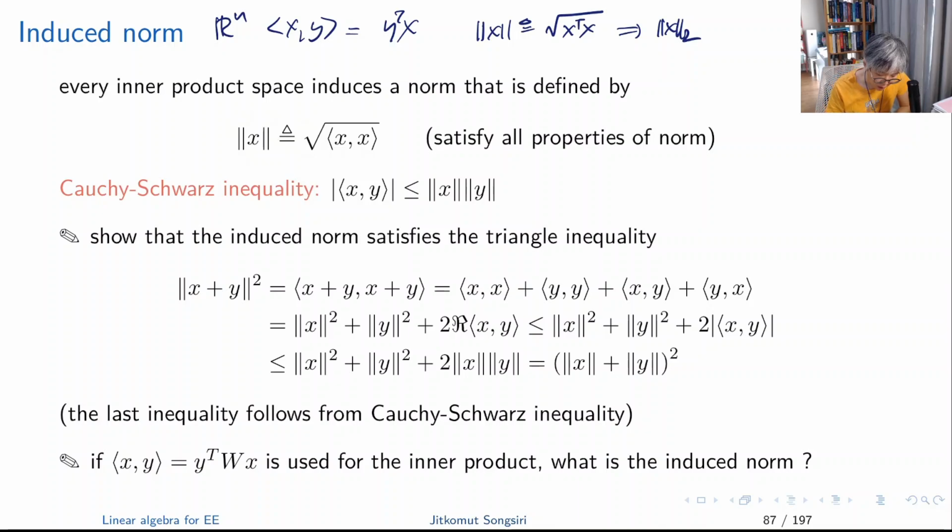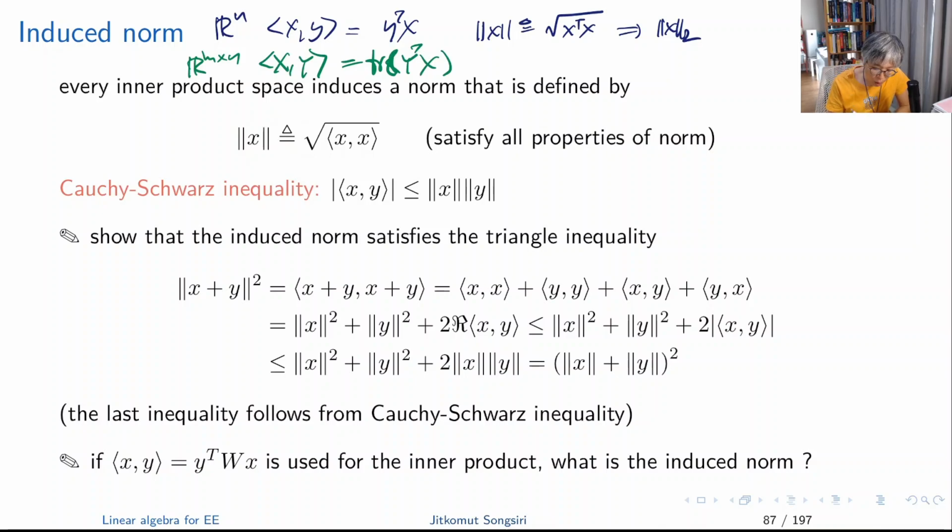Another example is the space of m by n matrices. We have seen that an inner product on this space is the trace of y transpose x.